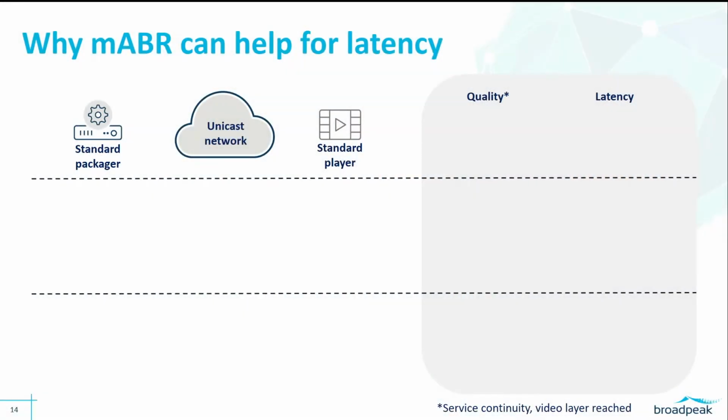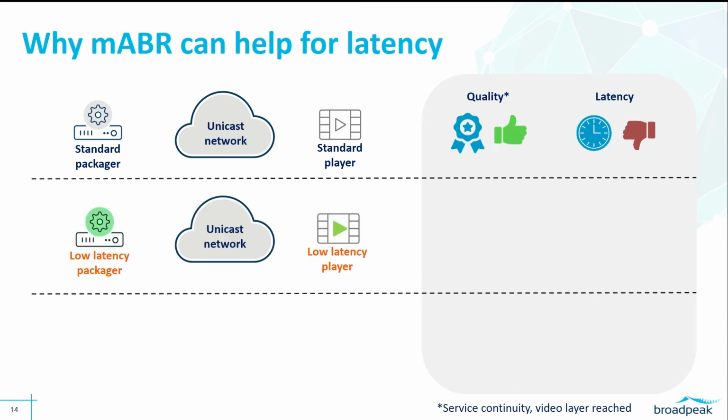So what we have right now in regular streaming is a standard packager and a standard player, so the quality is good, but the latency is bad. This is a bad thing that we have right now. We could imagine a low latency packager with small chunks, like what we discussed this morning, and a low latency player as well. But it means that the quality could be bad because we are leveraging a unicast network, and we all know that a unicast network is not very predictable.